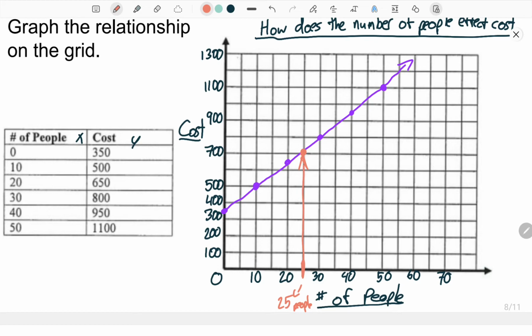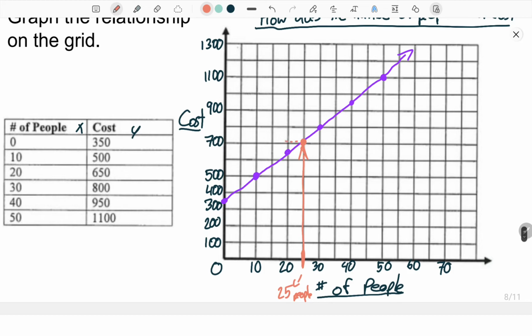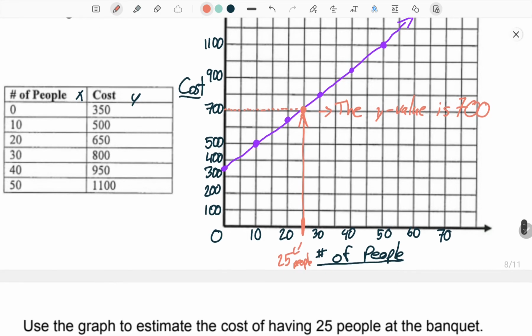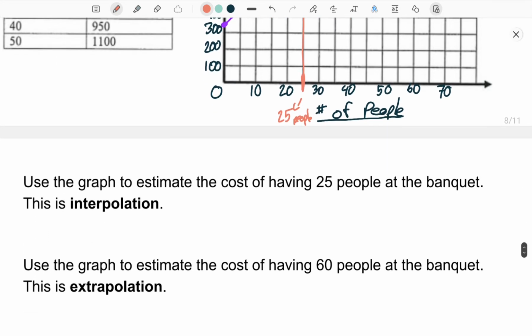And so what is the y value associated with that 25 people? So go across and you can see the y value is 700. So by using the graph, even though we never had a value for that, we can make a pretty good estimate of what it should be.